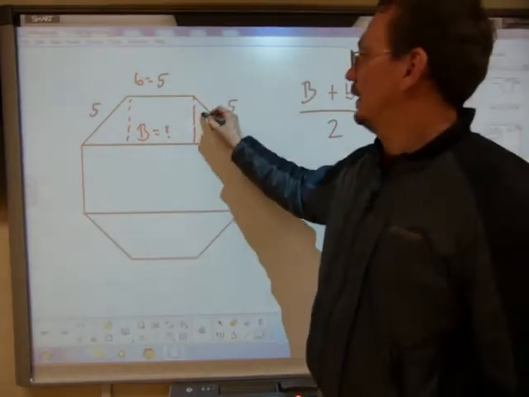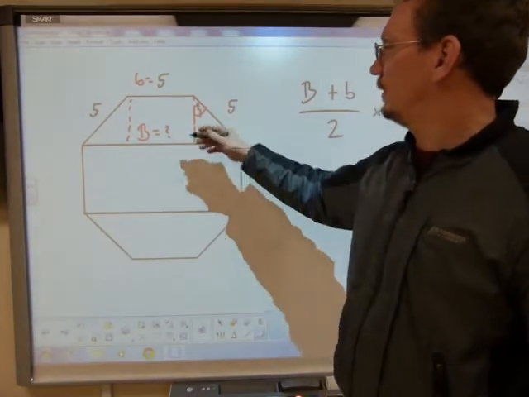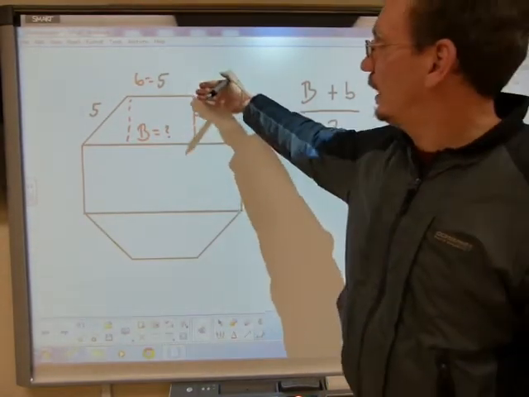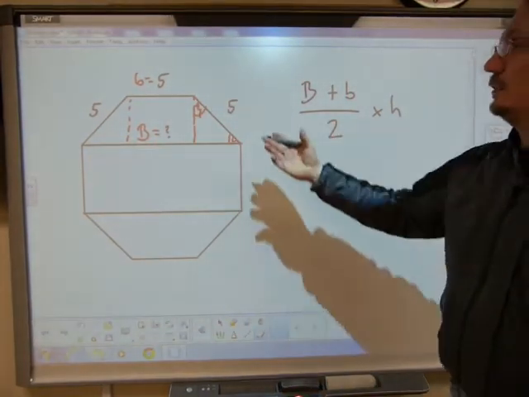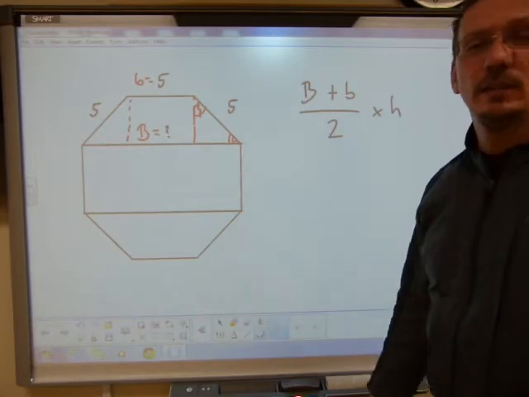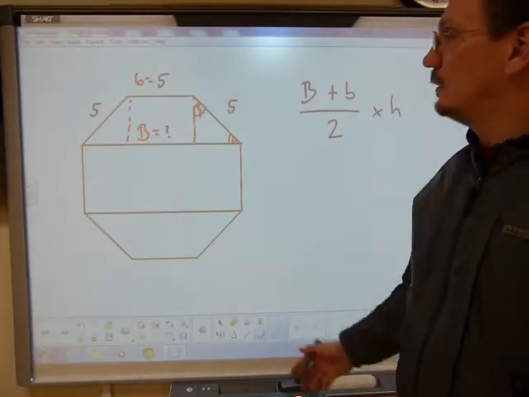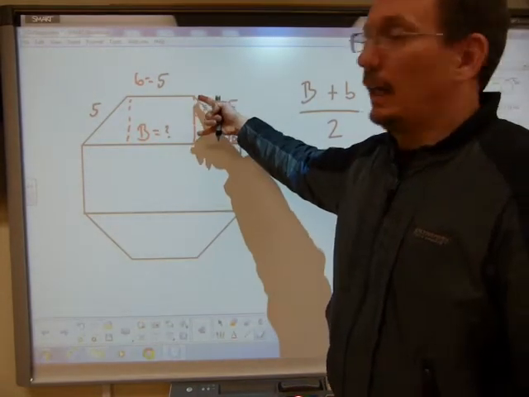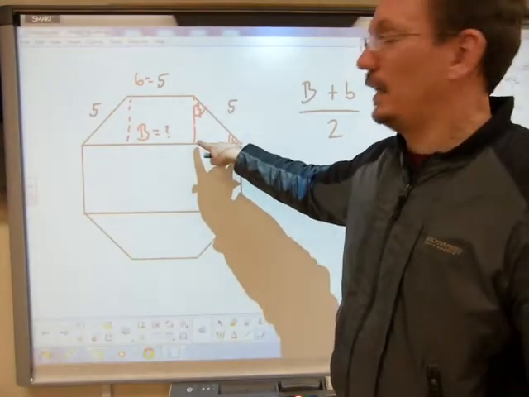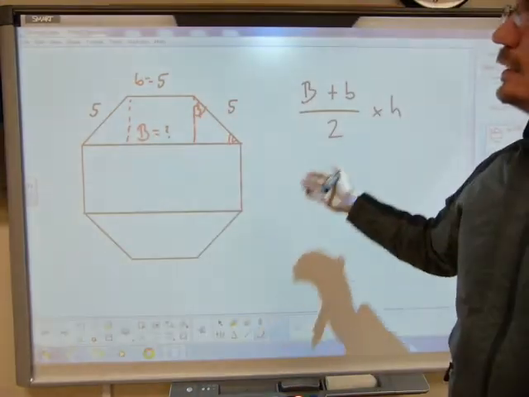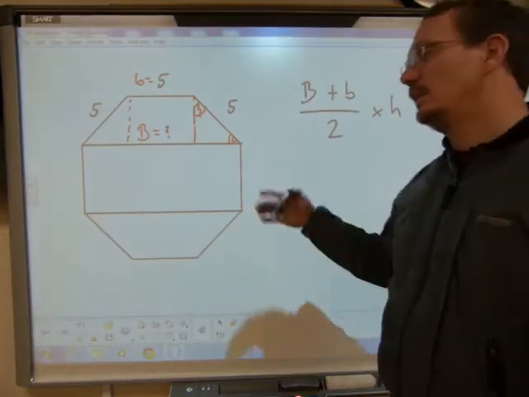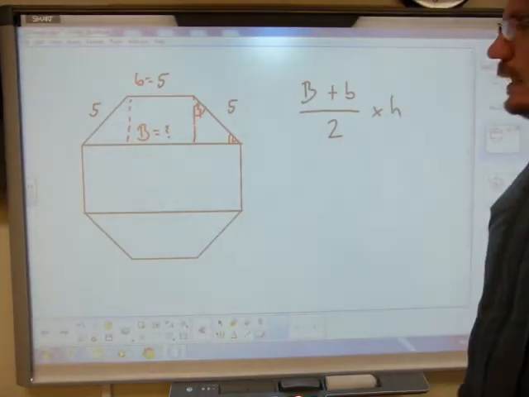It's going to be a 45, 45, 90 triangle where 5 is the hypotenuse, and then you have to do trigonometry with this triangle to get the height, or this little end portion. You have 2 of those, and then you add and get the area of the trapezoid, and then you have to calculate the rectangle.